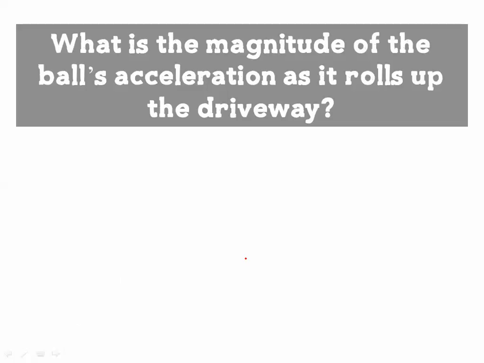To find the magnitude of the ball's acceleration, we want to draw a picture, which we just did. We also want to look at the values we know. We know that the change in time as it rolls up is 5 seconds. We know that the initial speed is 2.5 meters per second.